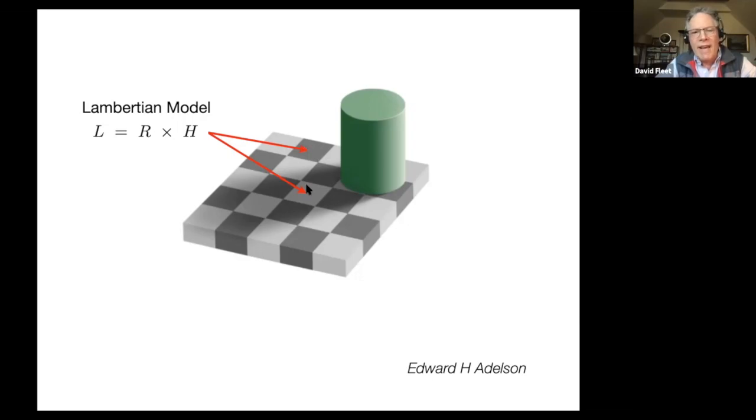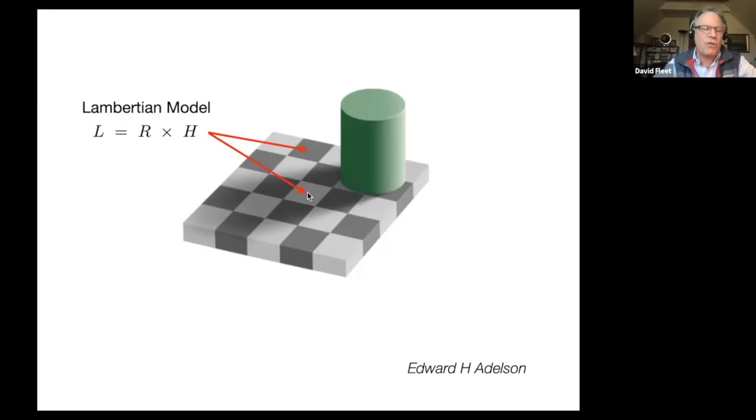And so if H is actually lower by a half, in order for L to be constant, and I argued earlier that the amount of light that hits your eye on these two patches is exactly the same, if H here in the center is a half of what it is over here, then R, the albedo, must be twice as large in order to conserve the amount of light that hits your eye. And when R is larger, that means a greater fraction of light that's incident on the surface gets reflected to your eye, and that in turn means you perceive it as being a brighter surface.